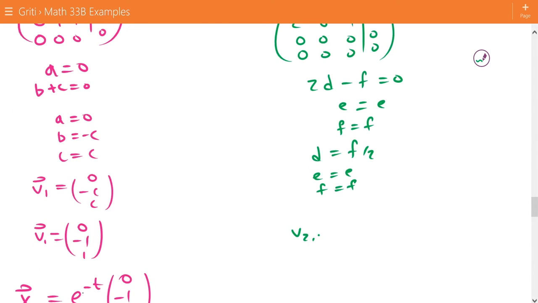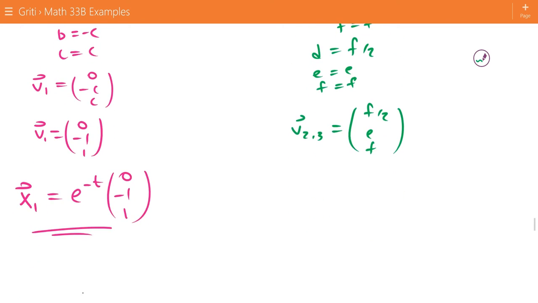So that means our v2,3 equals (f over 2, e, f). We split this up based on components based on f and e. We get (f over 2, 0, f) plus (0, e, 0).